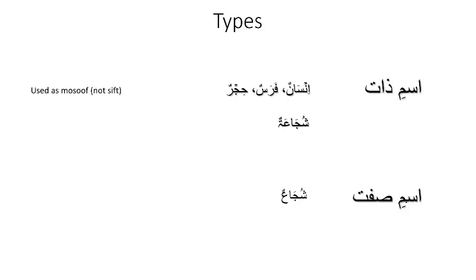All right. When we talk about ism in general, there are multiple ways of categorizing ism, and one of those ways is shown over here. So ismul zat is what traditionally in English we would call a noun.